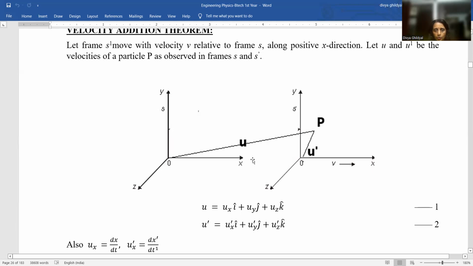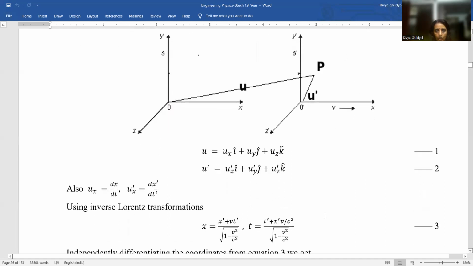This is the two frames of reference which I have taken, in which frame S dash is traveling with velocity v and frame S has been taken as the inertial frame. Now we will take the velocity components in all three directions, that is ux, uy, uz for the frames S and S dash.